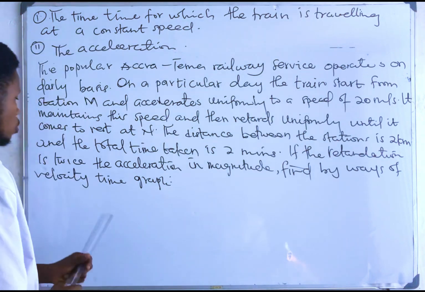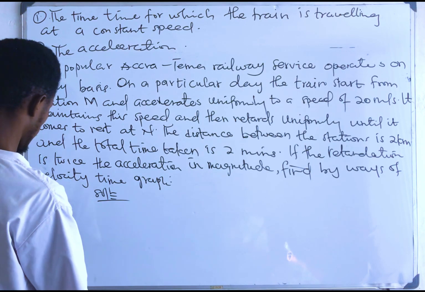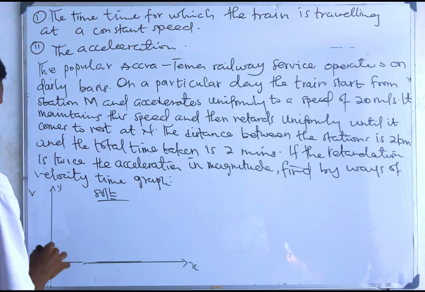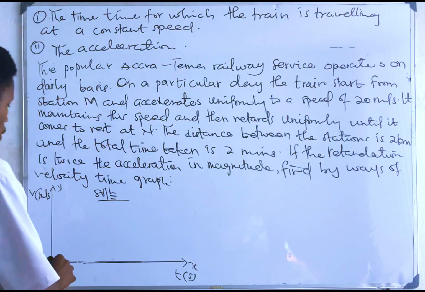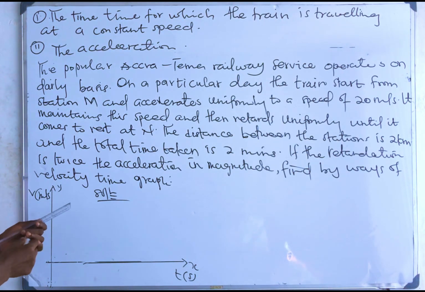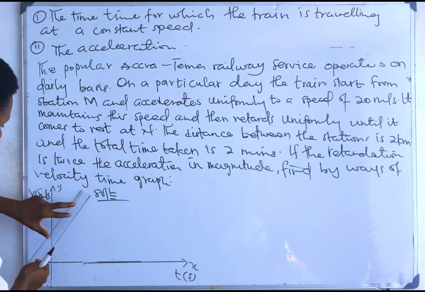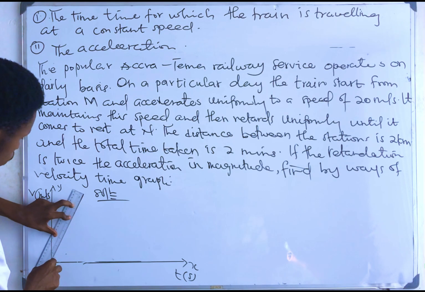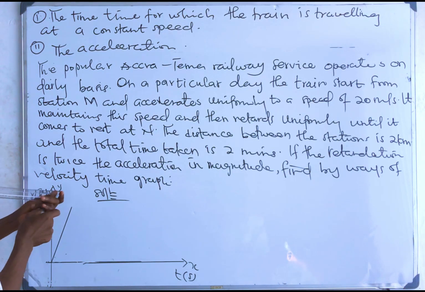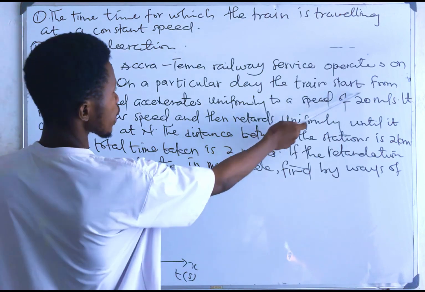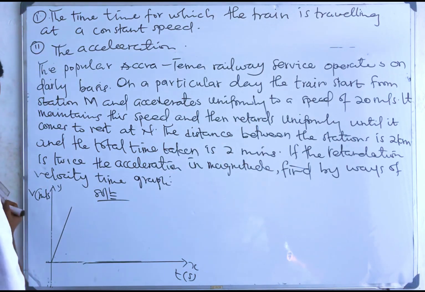Okay, so we are going to do that. Let's first get our velocity time graph. The velocity here will be against time. This one is in terms of meters per second, and this is in seconds. Now we were told that the train starts from station M and accelerates uniformly to a speed of 20 meters per second.